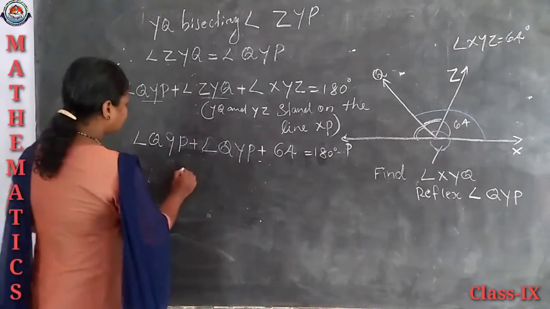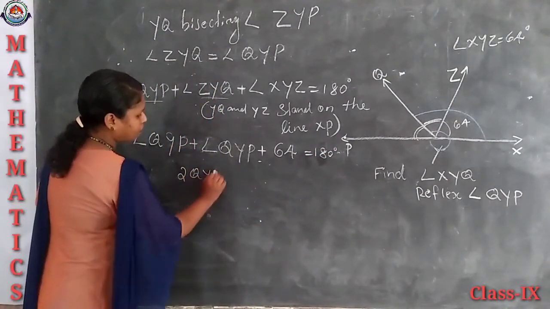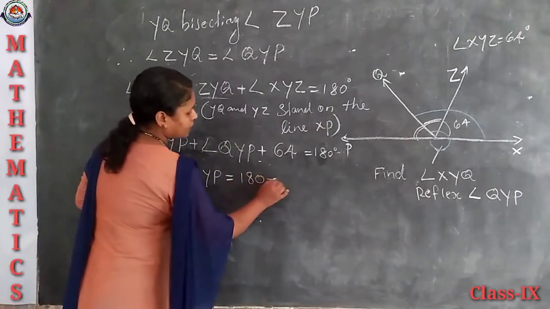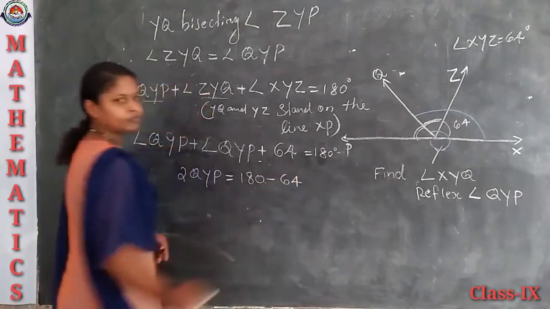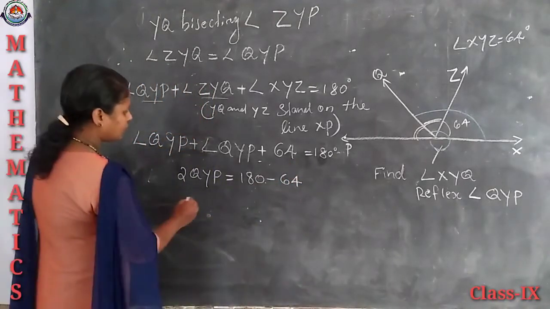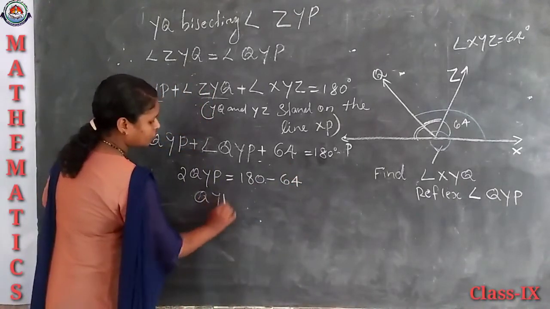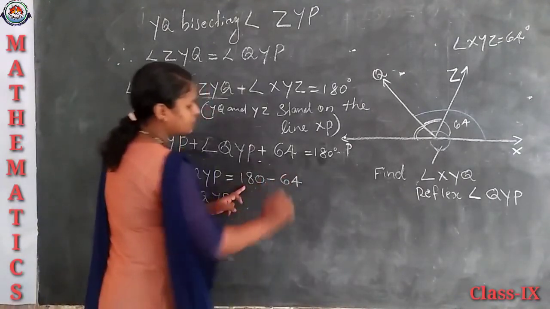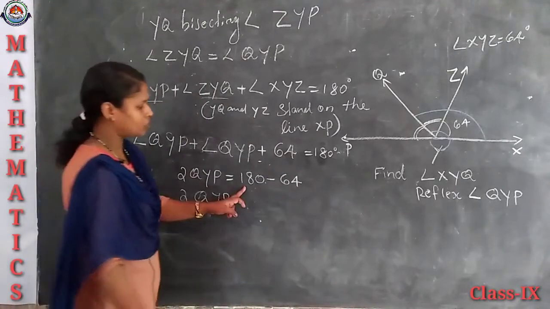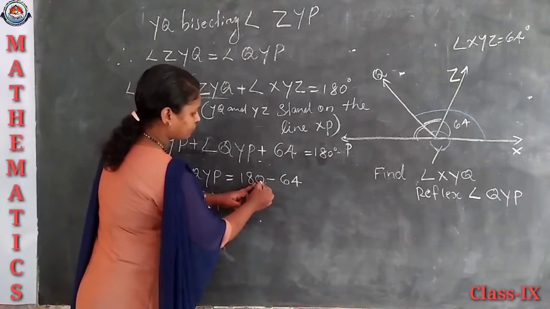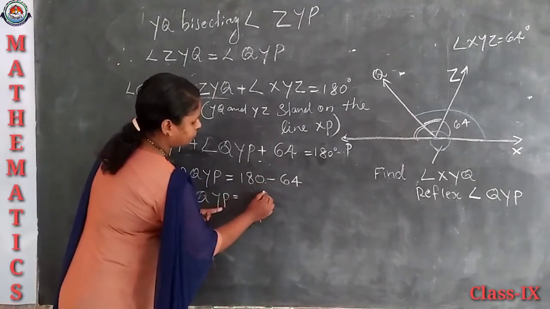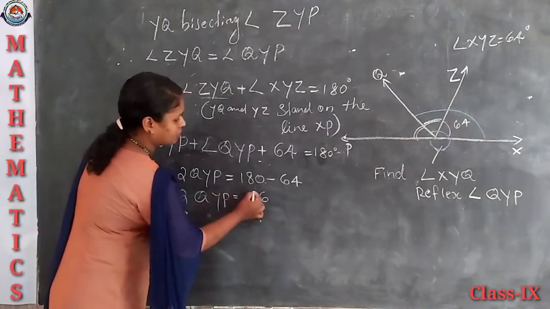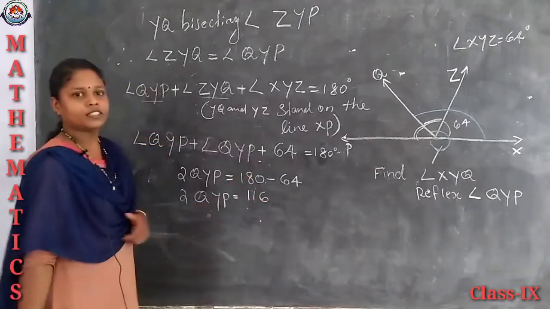Then 2 QYP equals 180 minus 64, which is equal to 116.